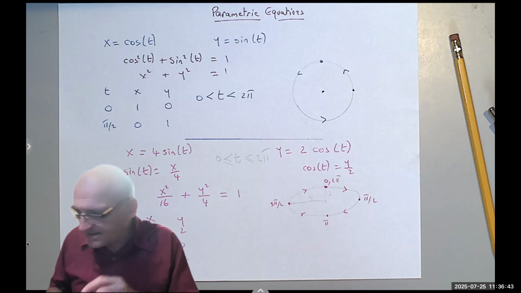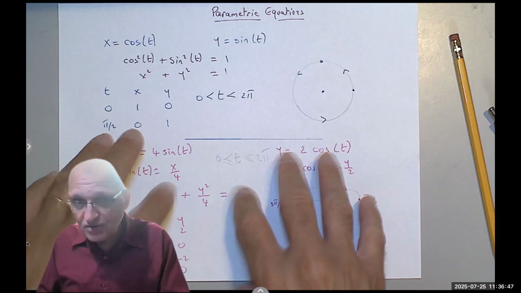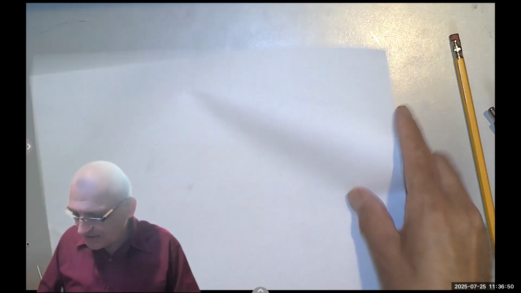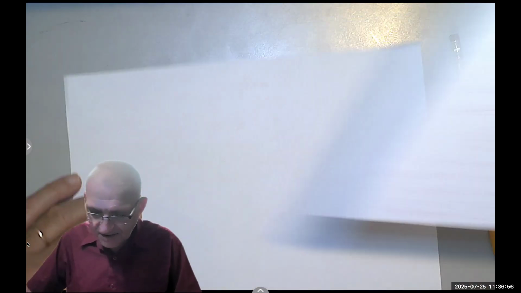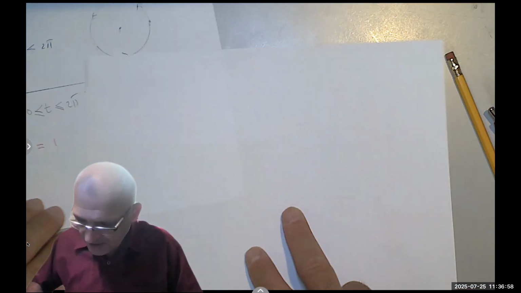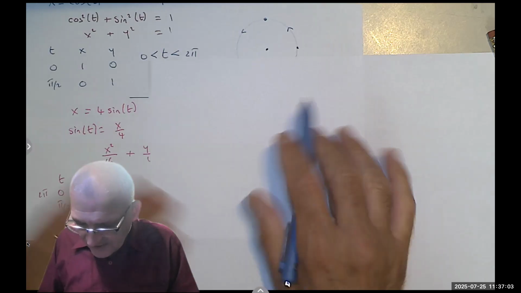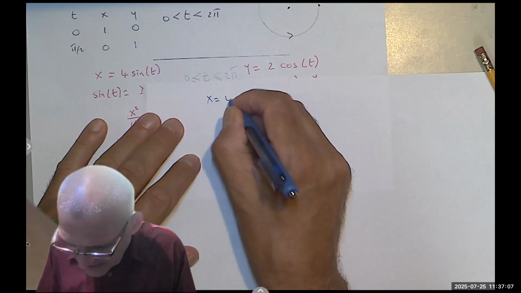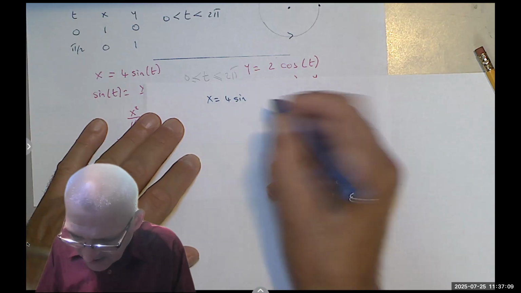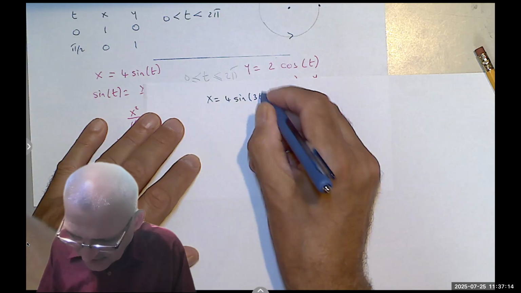Now, let's take it one step further and make it more complete. I'm going to use the same thing, but let's look at new paper so we can refer to this one. Tell me how this particle is moving. So still x is 4 sine, but instead of t, I make it 3t.